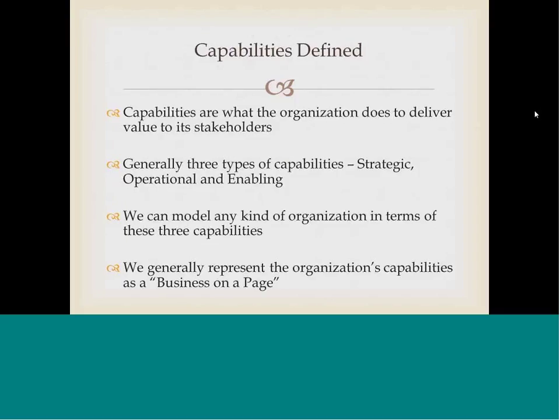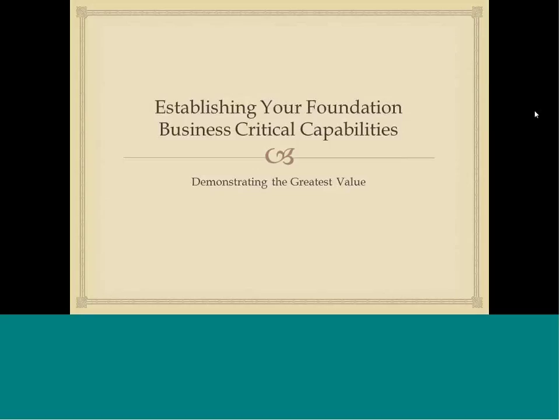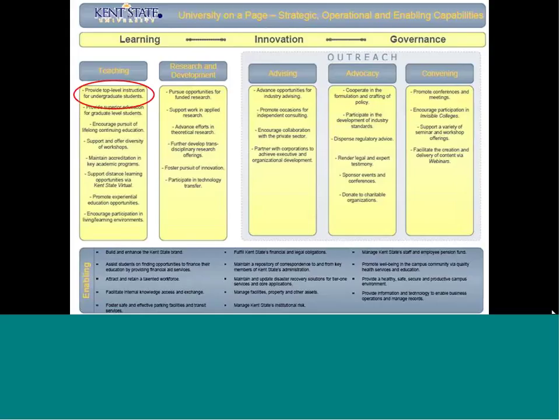So taking a capability approach essentially allows you to focus and to make sure you're focusing on the business and the business goals, which is the context we always want to adopt when we're doing knowledge management. So how do we go about creating a business on a page, and what does this look like? Well, this is an example of a business on a page for a university.